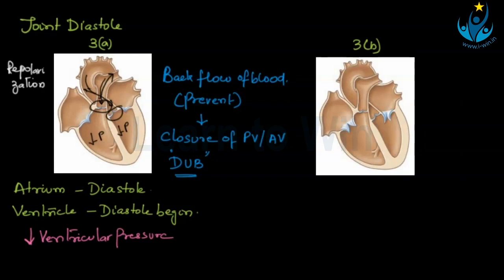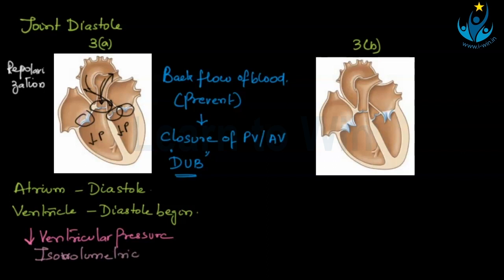Okay, now if you see here, what happened? The aortic valve is closed, the pulmonary valve is closed, and the tricuspid and the bicuspid valves are also closed. So all the four valves again are closed, just like in isovolumetric contraction. But this time it is not isovolumetric contraction, but isovolumetric relaxation.